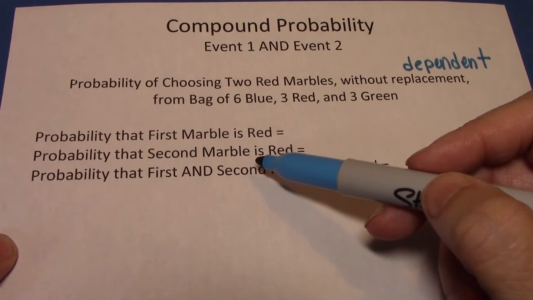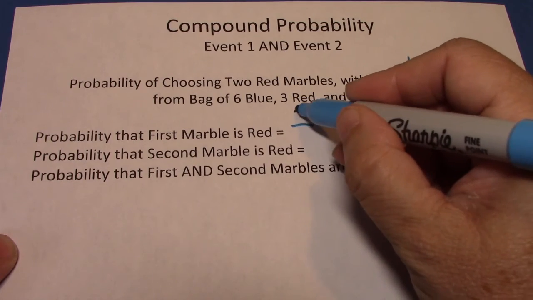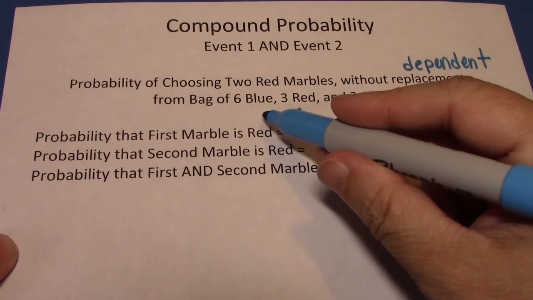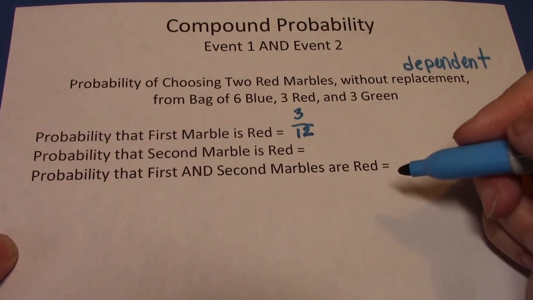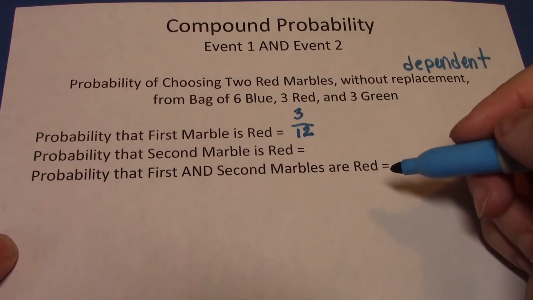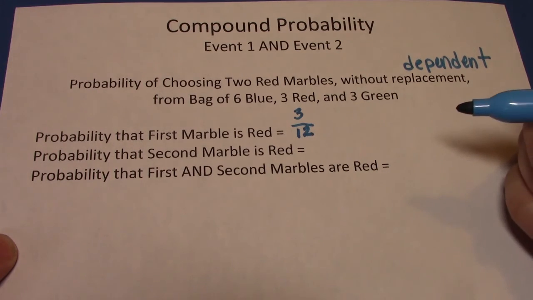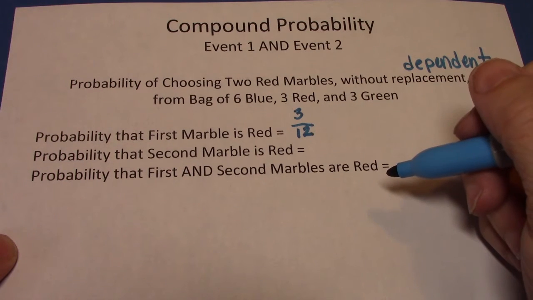So the probability of getting a red marble on the first pull is 3 chances of success out of a total of 12 marbles, 6 plus 3 plus 3. But now, you have to assume that the first marble was red, or we wouldn't continue. It wouldn't make any sense. If the first one's not red, we certainly can't pull 2 red marbles.